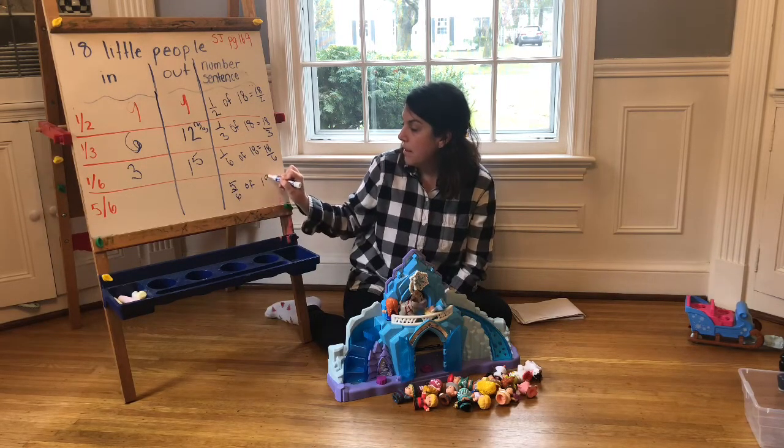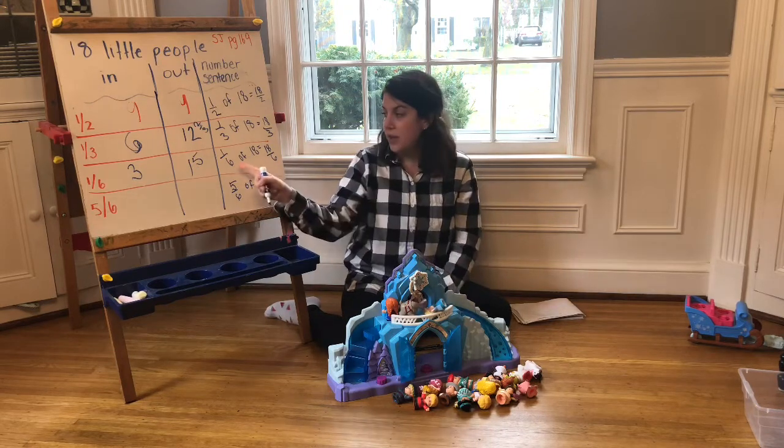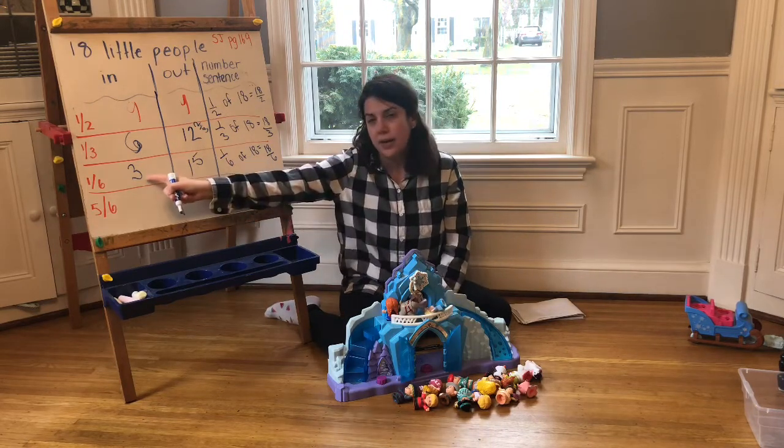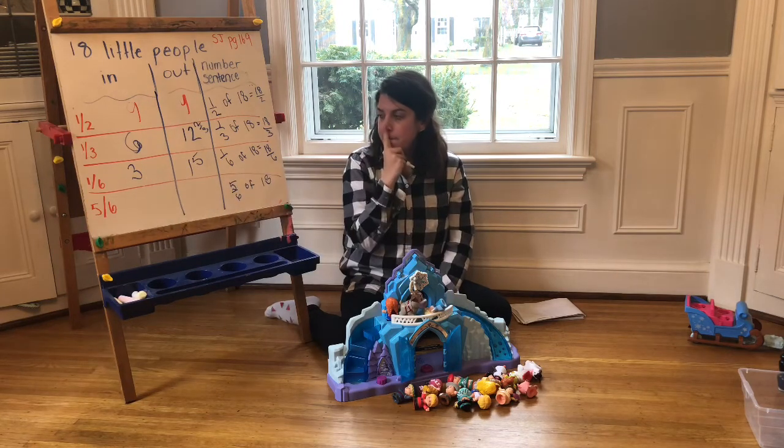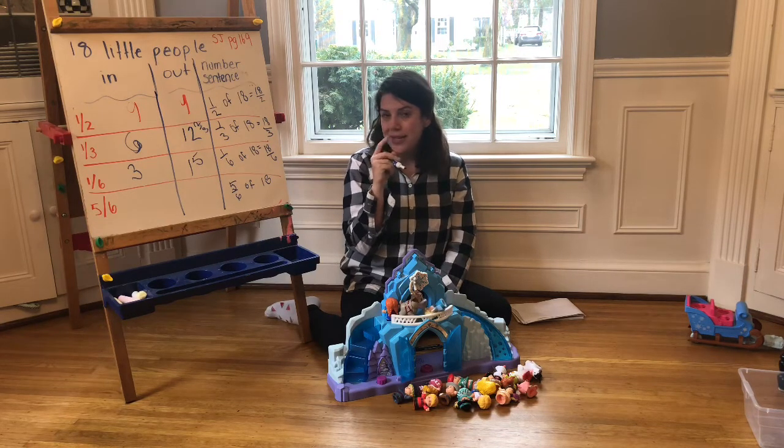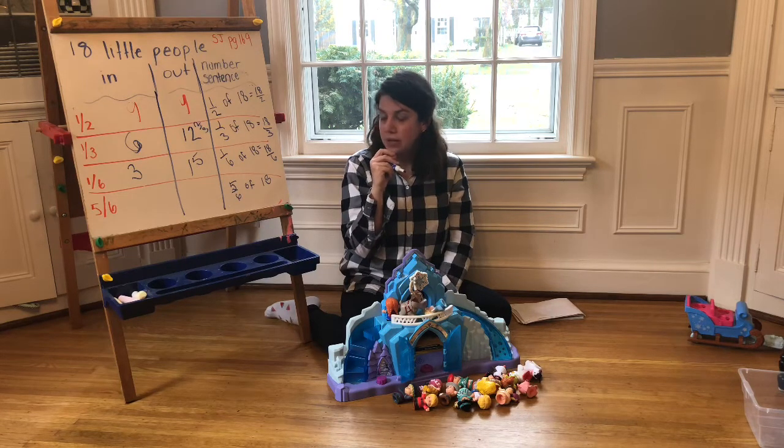Well, I'm thinking, if I know that 1/6 of 18 is 3, what could I do with that 3? That's what I want you to think about today. So let's think about what 5/6 of 18 would be.